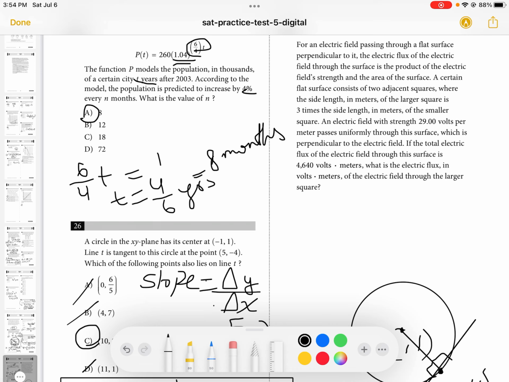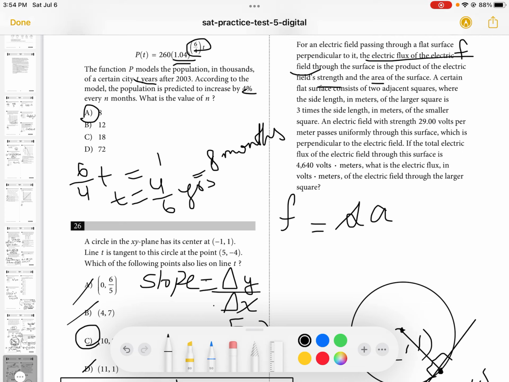Wow, that's some jargon right there. Okay. So the electric flux of the electric field through the surface, we're going to call this variable F. F for flux. So F is equal to the strength times the area. So strength times the area.